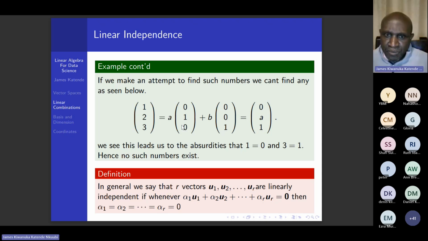After you multiply this out and add, this is what you get at the end. But you can see it gives us some contradictions. It suggests that 1 is equal to 0 and that 3 is equal to 1, which can't work. There are no numbers A and B which will satisfy this.